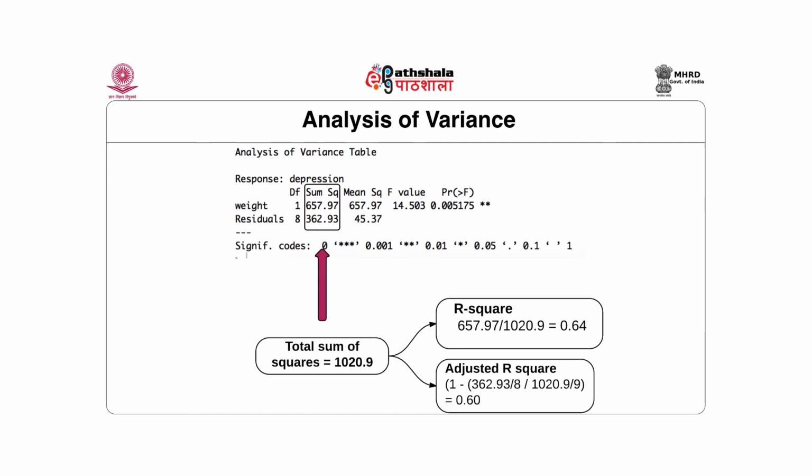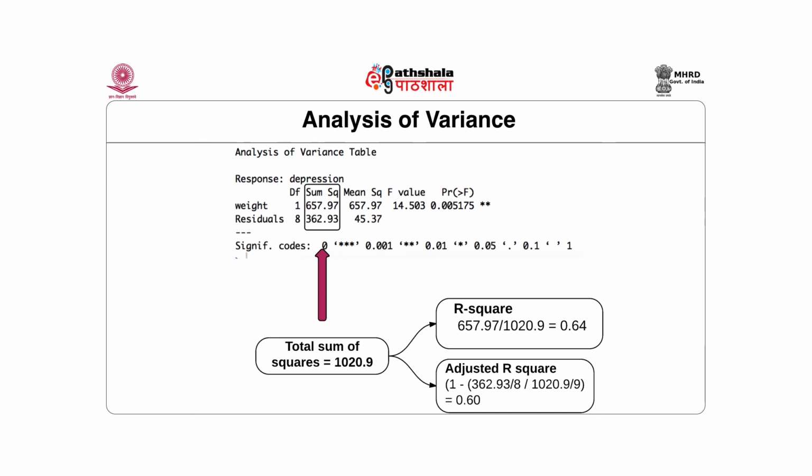Based on the ANOVA table itself, you can work out the R squared, both the adjusted R squared as well as the R squared for the model. The R squared is the property of a model which explains how much of the variability of the outcome variable can be explained by the explanatory variable.